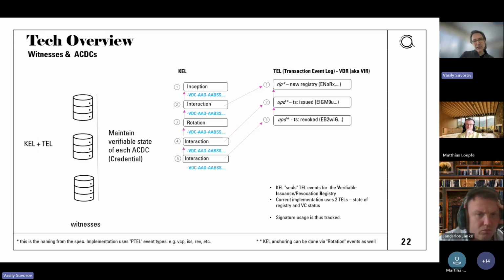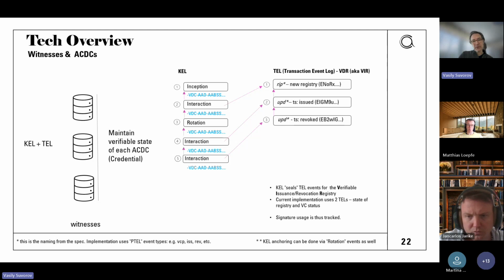So there's a relationship today between the witnesses and ACDC. I mentioned that we need to anchor the credentials, and we do it by adding the same anchor we've seen for delegated identifiers. The same thing happens for the credentials themselves. The events about credentials, we call transaction event logs or TELs.